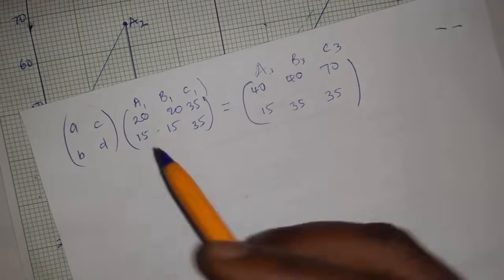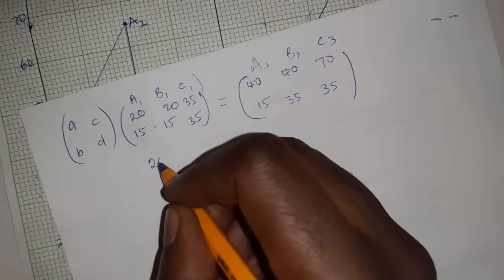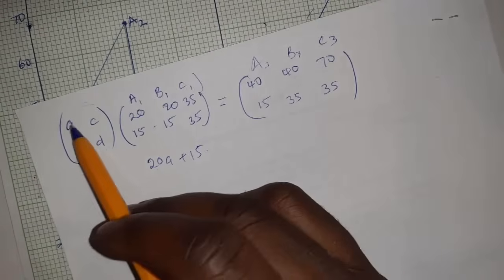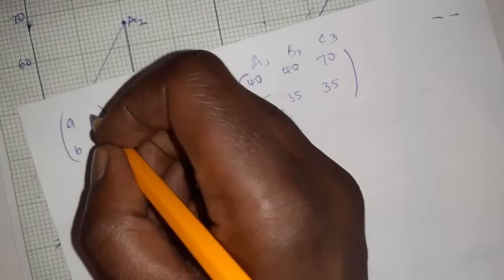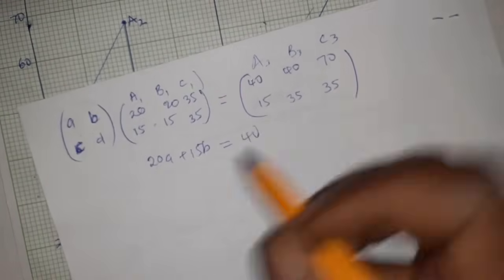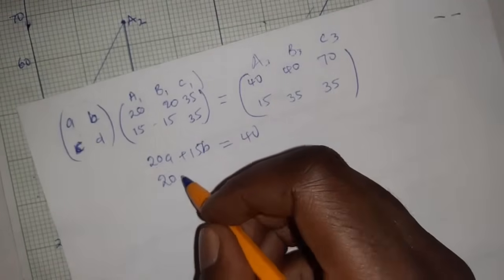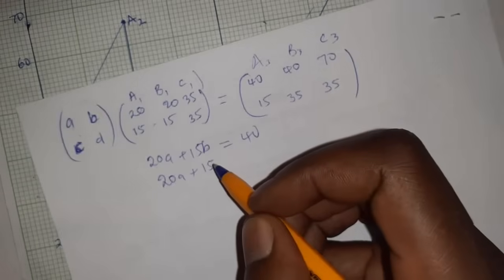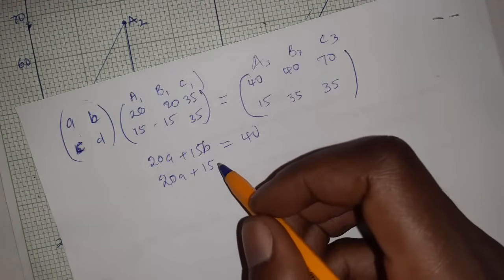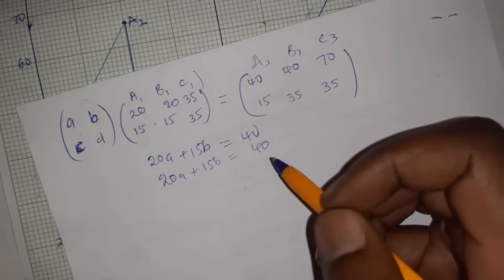When you find this matrix, you can have A, B, C, D. Sorry, this is equal to 40. So we can say 20A plus 35B is equal to 40.